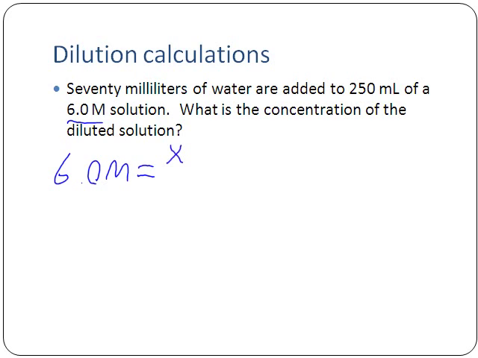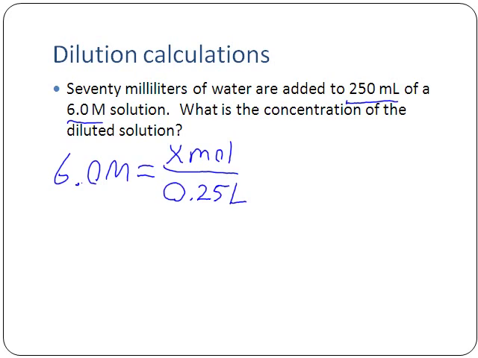So it'll be once again x moles, as it's almost always going to be on these problems, divided by the number of liters of solution. Of the 6.0, how many milliliters of solution do we have? It says added to 250 milliliters of a 6.0 molar solution. So if we have 250 milliliters, that would simply be 0.25 liters, like this. And that sets this guy up.